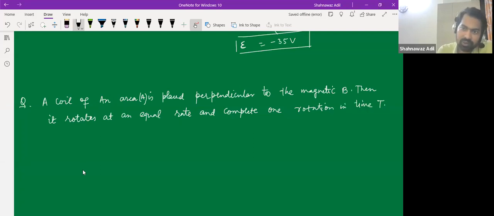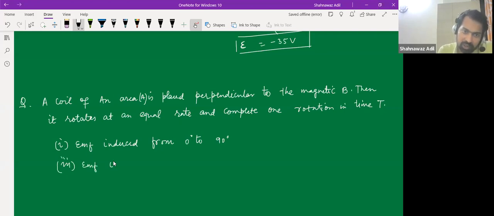Now we have to find the EMF induced from 0 to 90 degrees. And the second question is that we have to find the EMF induced from 0 to 180.